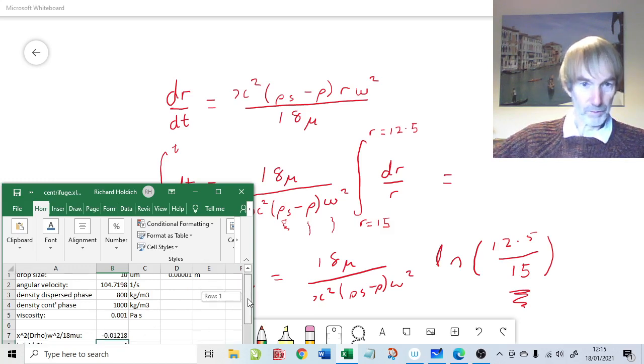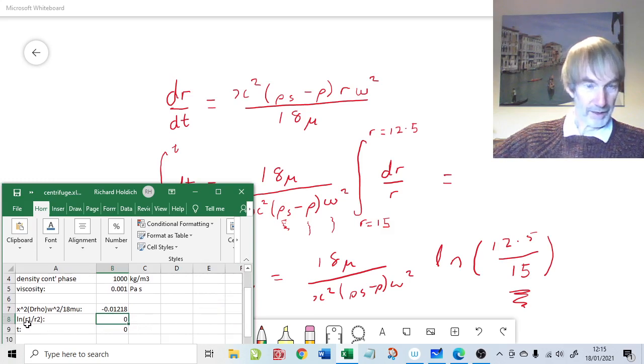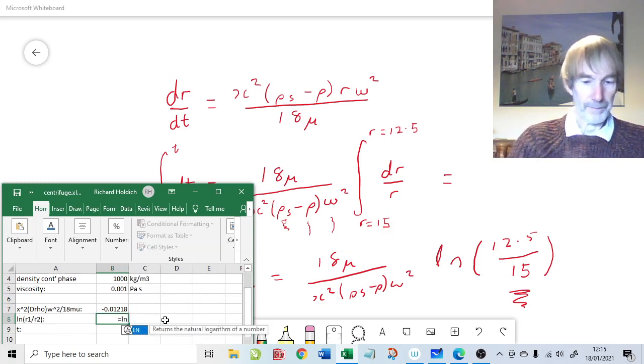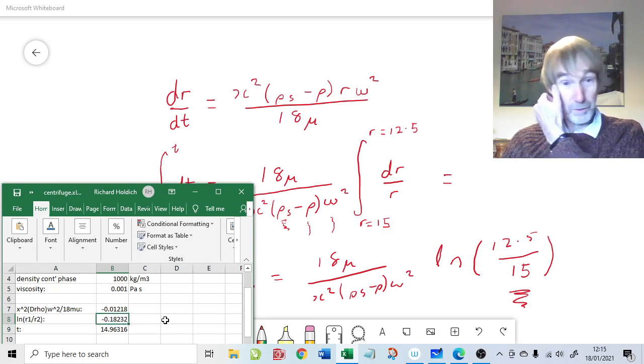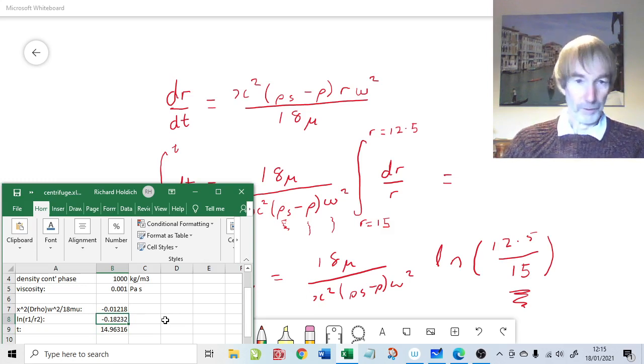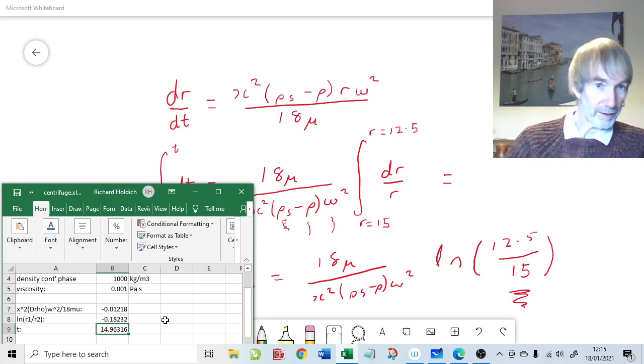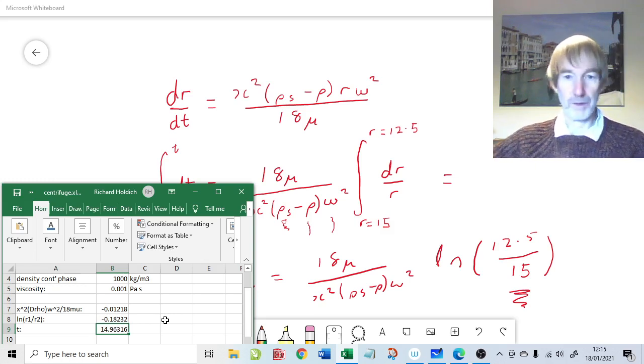That negative sign is useful because I haven't done the ln r1 over r2, which will be equal to ln 12.5, whoops, 12.5, that's better, divided by 15, which also gives us a negative number. So there are two negative numbers there, which of course gives us a positive. The positive is 14.98, it's 15 seconds to 3 significant figures.